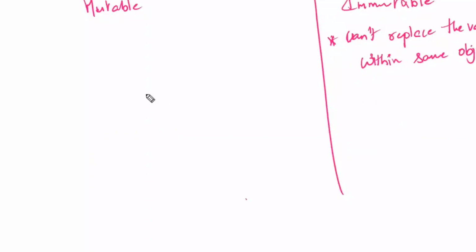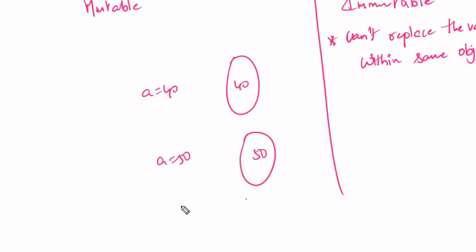For example, you will ask the question, sir, A is equal to 40, 40. Sir, A is equal to 50, 50. Now, if you ask print A, what is the answer? 50 only. Sir, now it has been replaced. 50 replaced now. Instead of 40, 50 now. But not in the same object. A new object is created, not in the same object.